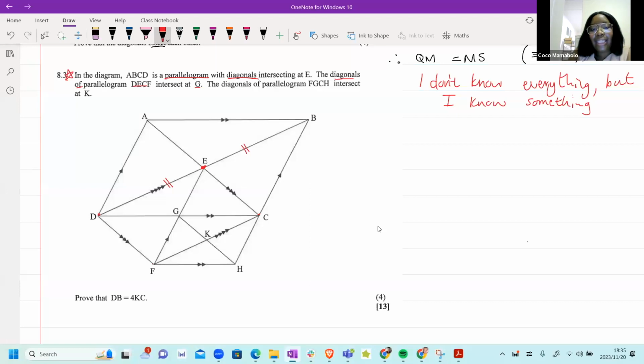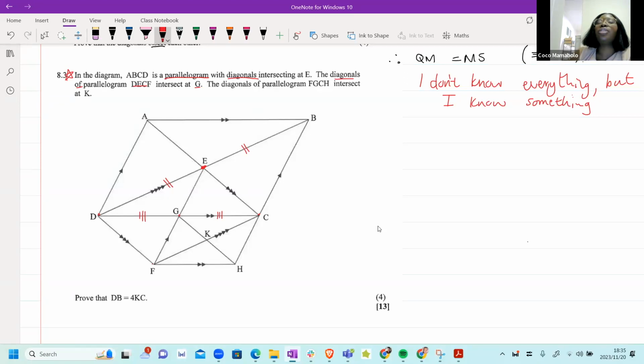They intersect at G. So that also tells me that DG is equal to what? To GC. Thank you. Okay, we don't know nothing.